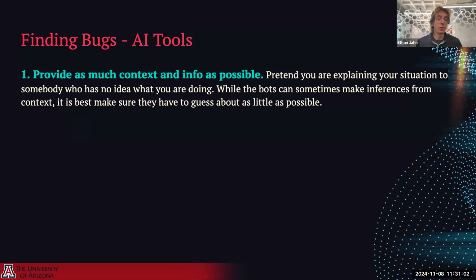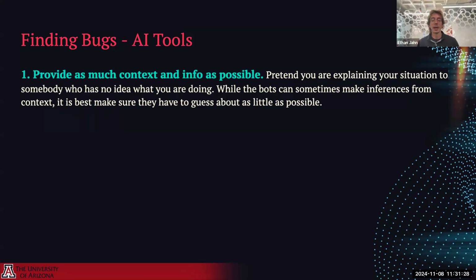So if you have a problem, if you have something that you are trying to figure out, try to start by providing as much context and information as possible. Pretend you're explaining your situation to somebody that has no idea what you're doing. When I'm putting a question into ChatGPT, I really like to imagine that I'm telling this to a person and that I'm trying to provide them with as many details as I can. So sometimes the initial question that I would put in there would be pretty long.